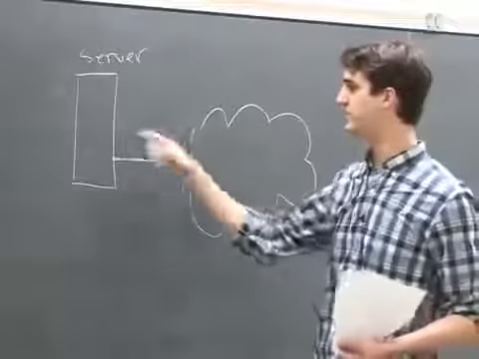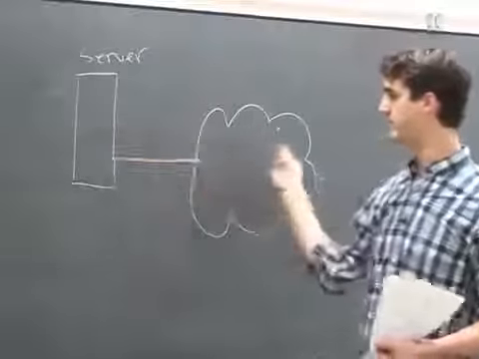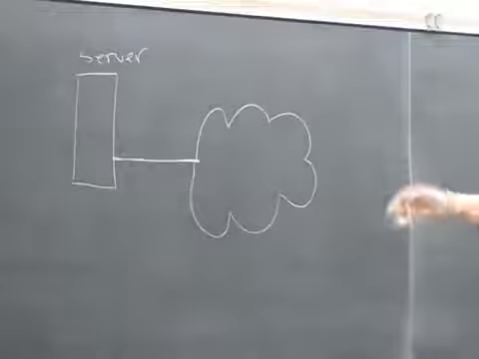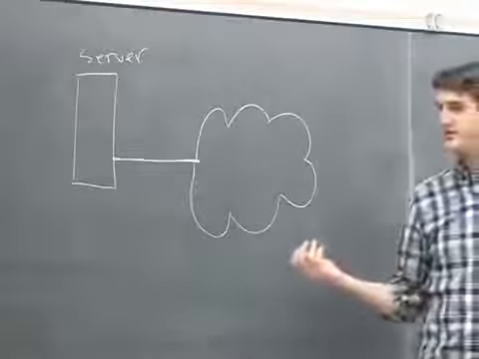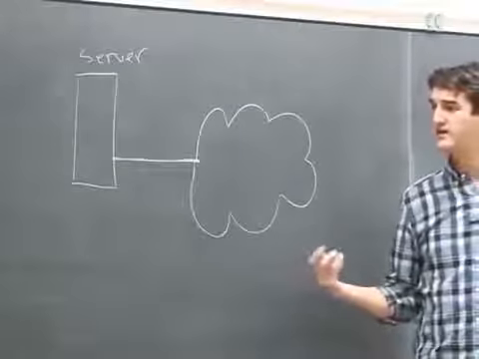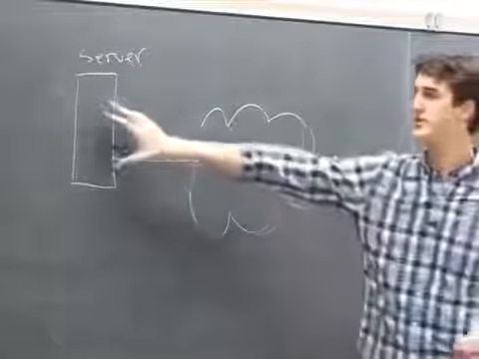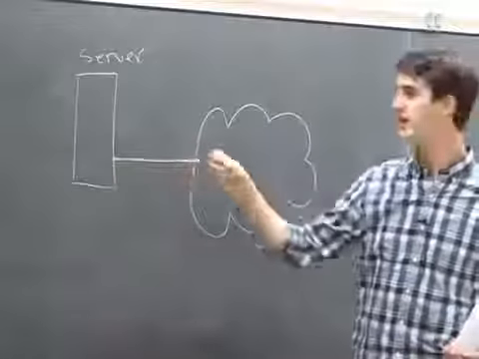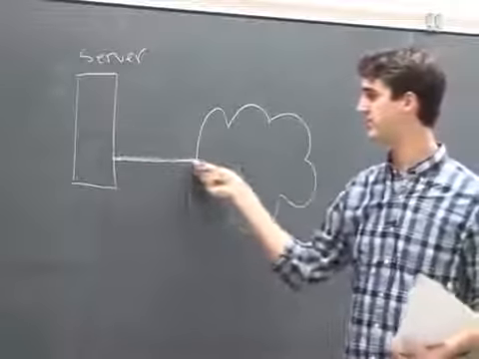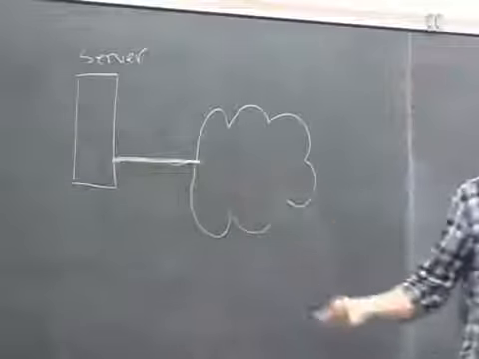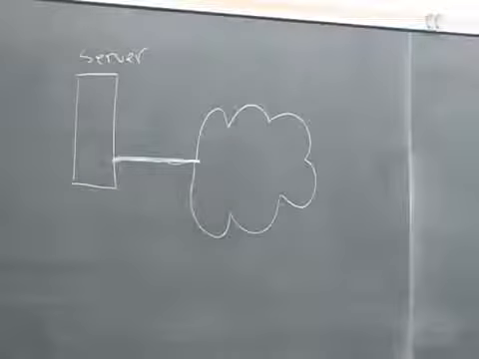Now we can share files from this server. This server can distribute content to anyone on the internet who can reach it, but this doesn't necessarily work that well when we get into large scale, because this server is the limitation. And also this pipe here, however much bandwidth we have, could also become a bottleneck.